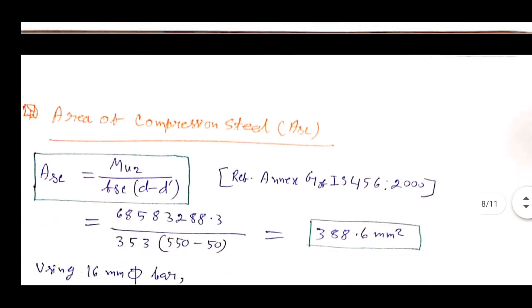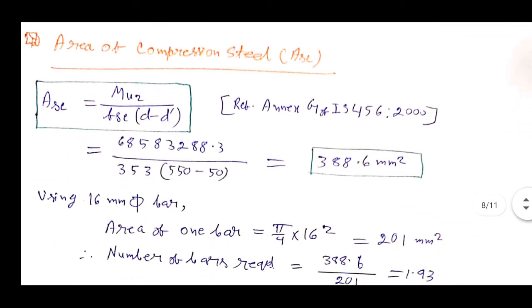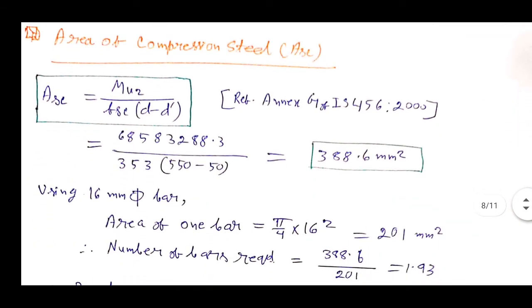So the next step is the area of compression steel. In this step we will find out the area of compression steel and the number of compression bars required for this design. The formula is ASC is equal to Mu2 by Fsc into (d minus d dashed).